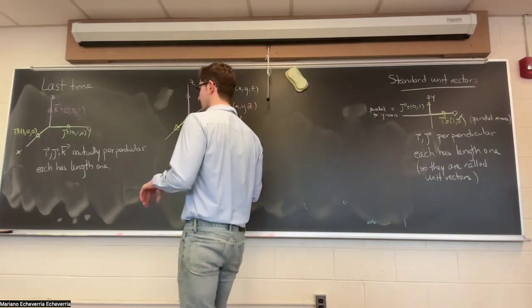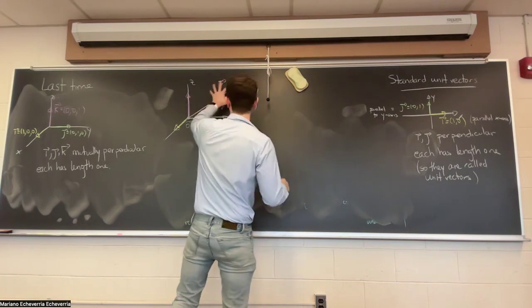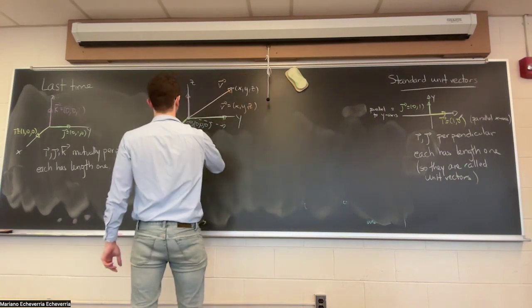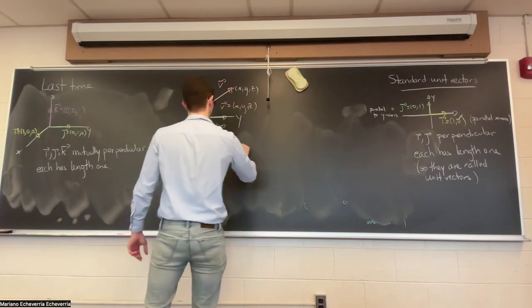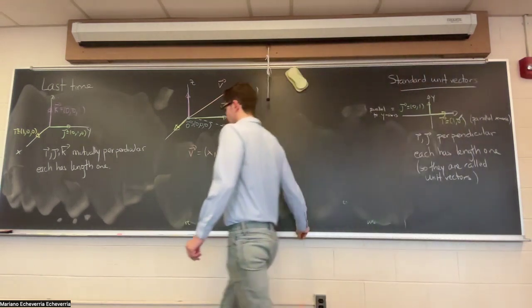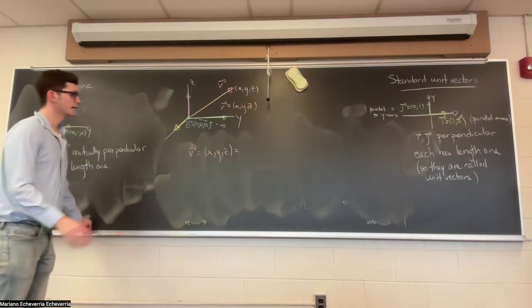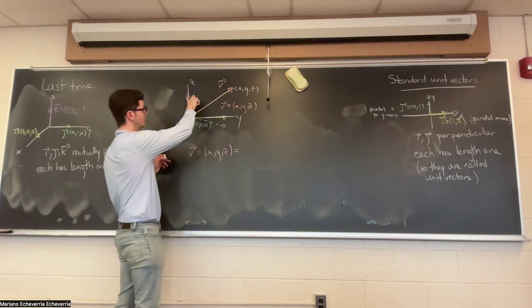So what I'm trying to say is, if you start with this orange vector, which terminates at the point (x, y, z), then what I'm claiming is that you can break this vector into 3 pieces, which are the 3 pieces that I'm showing you in this picture.